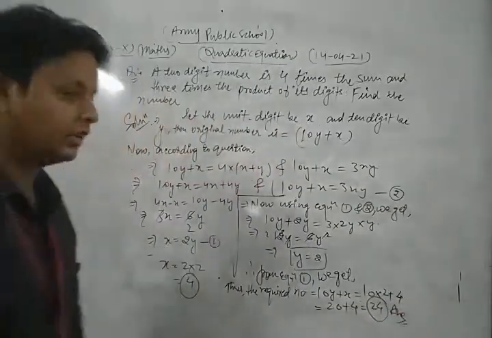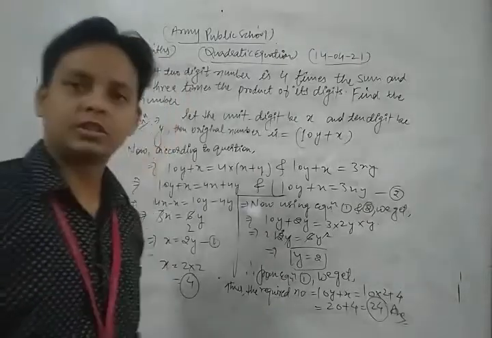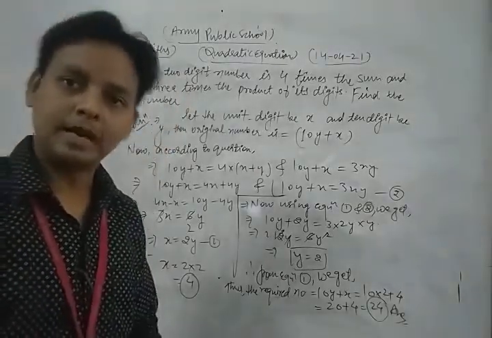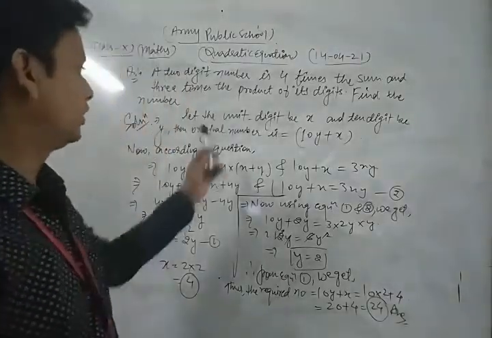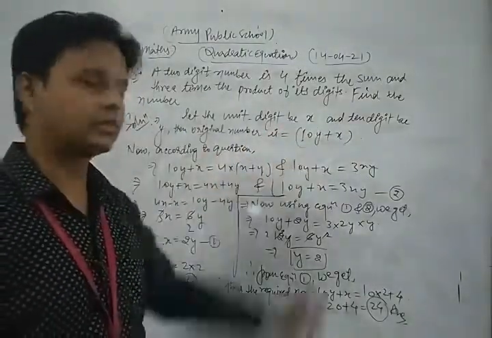24. So dear student, this is the process to solve questions based on 2-digit numbers. First of all, let the unit digit be x and the tens digit be y, then the original number will be 10y plus x.